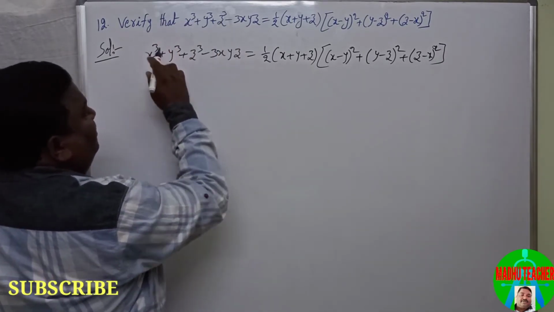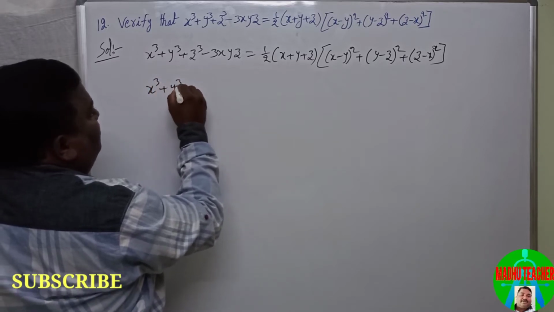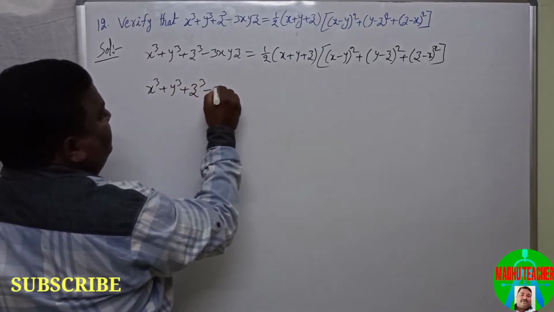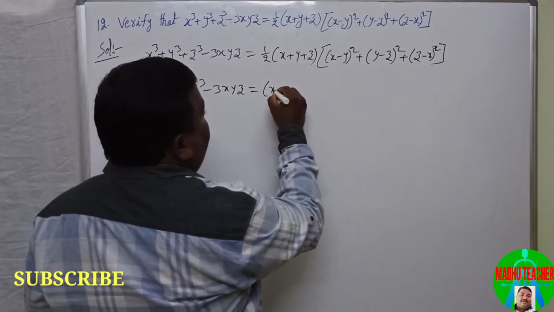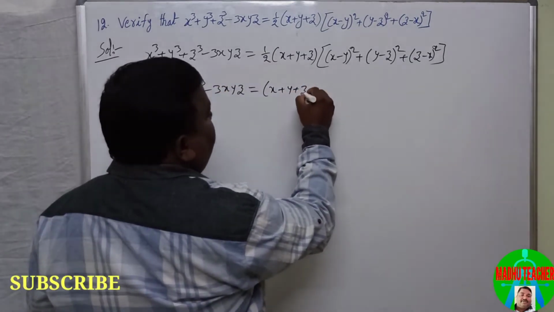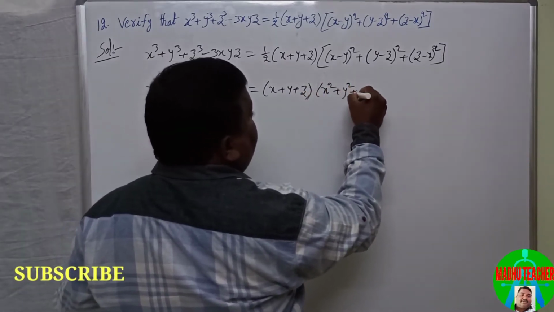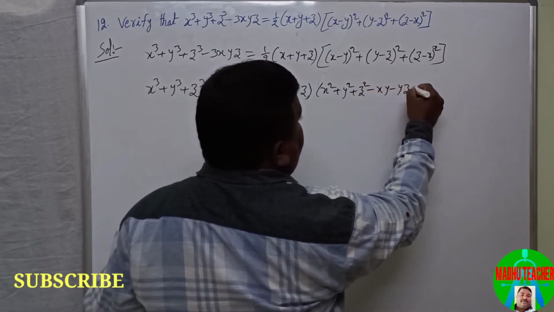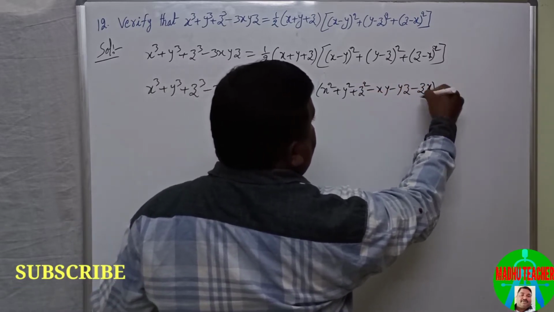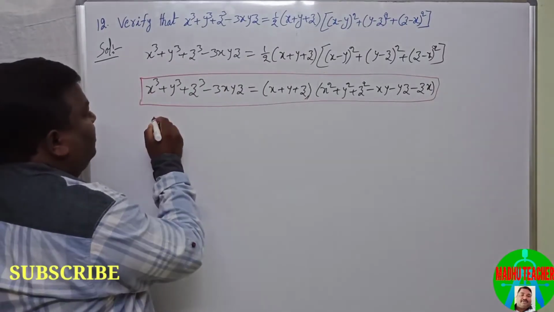We know this identity. What is the identity? x cube plus y cube plus z cube minus 3xyz equal to x plus y plus z into x square plus y square plus z square minus xy minus yz minus zx. This is the identity.